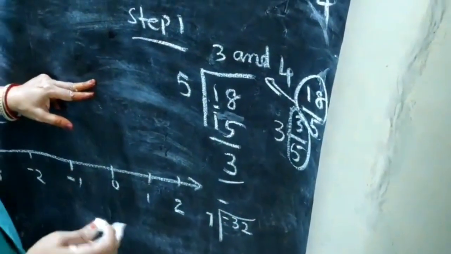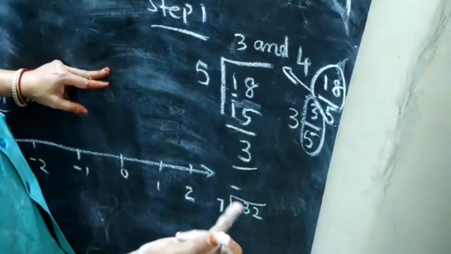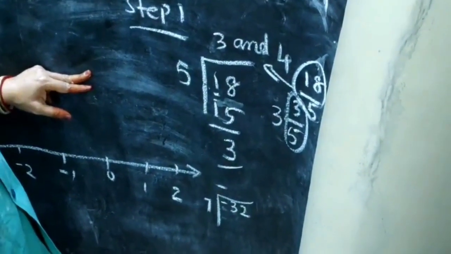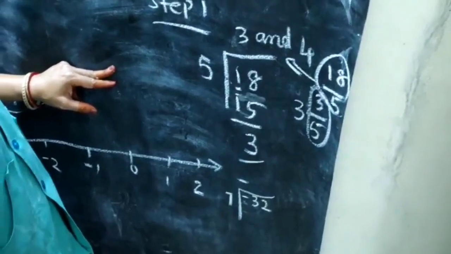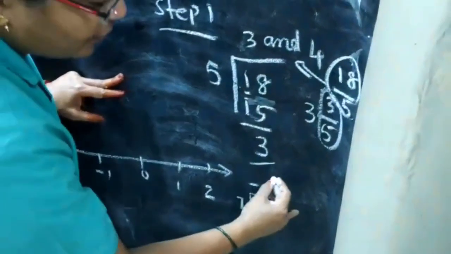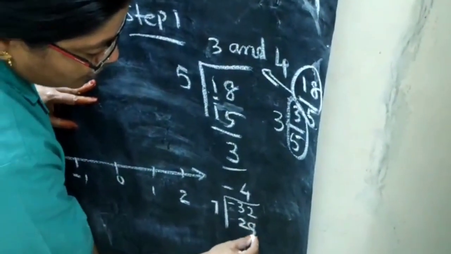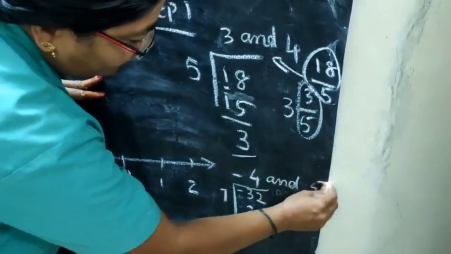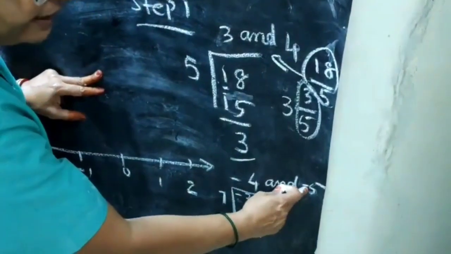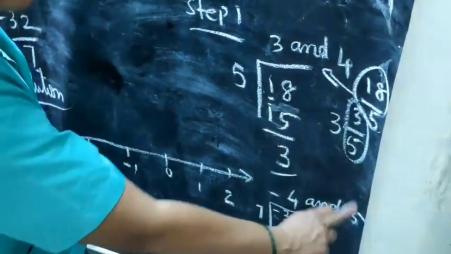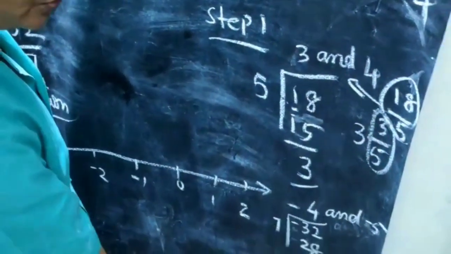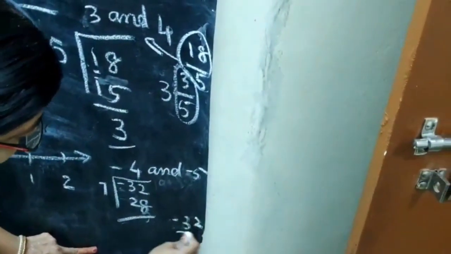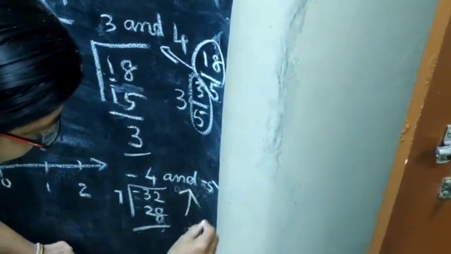How many times is it possible? 1 seven is 7, 2 sevens are 14, 3 sevens are 21, 4 sevens are 28, 5 sevens are 35. So take 4 sevens are 28. So write 4 and minus 5, because the question has a minus symbol. So minus 32 by 7 lies between minus 4 and minus 5.